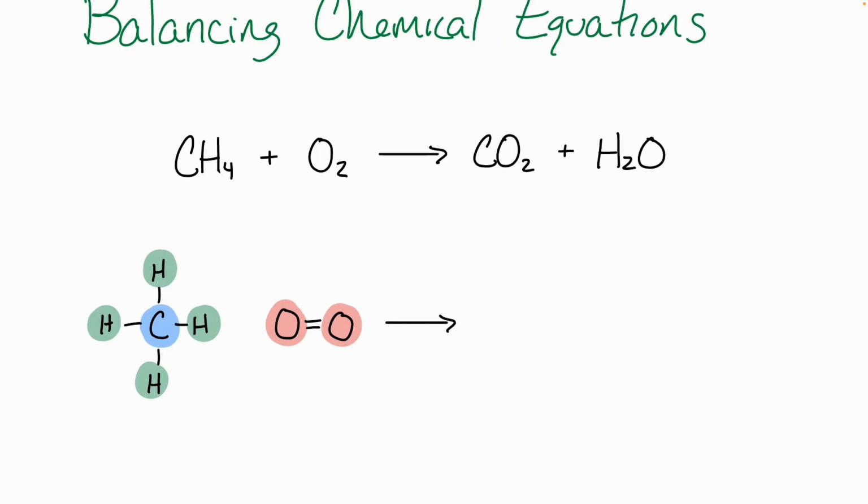And this produces carbon dioxide. Again, you're just going to trust me on the structures here. Carbon dioxide has the carbon atom sitting in the middle, the 2 oxygens sticking off at the end. And then water, we have the oxygen in the middle and the 2 hydrogens on the end.